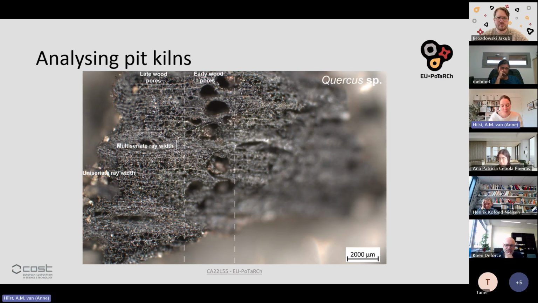And another important part of my visit was learning how to select good samples for radiocarbon dating. Because oak is a long-lived taxon, the old wood effect in radiocarbon dating is a real problem. If you date older hardwood, the results can be 100 years older than the actual charcoal production event, which is what you want to date.